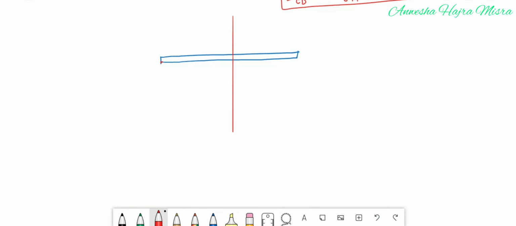So this point is minus L by 2. If this is the center, then this point is plus L by 2. I want to find the moment of inertia about this axis.